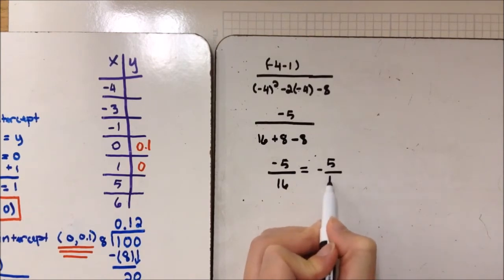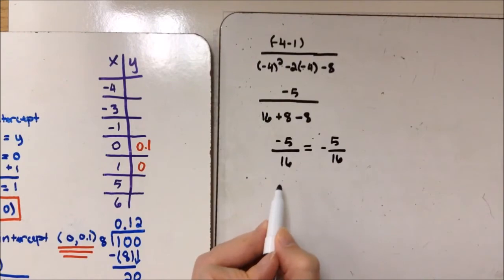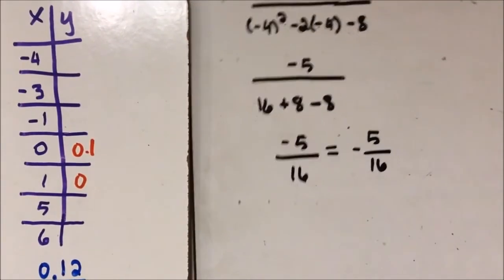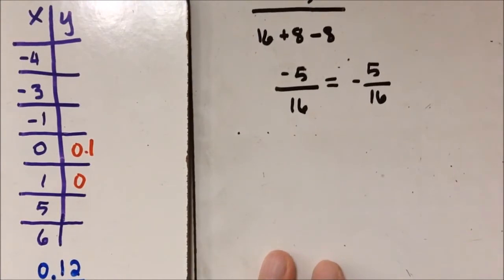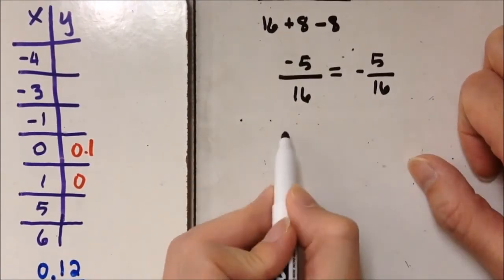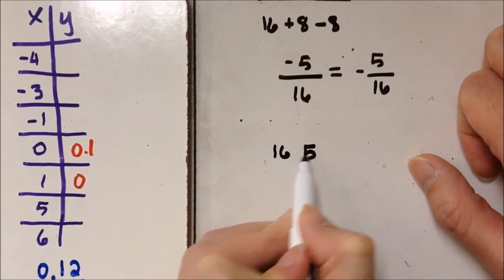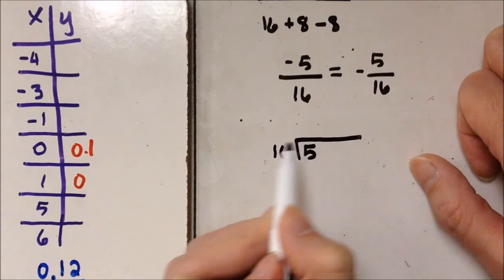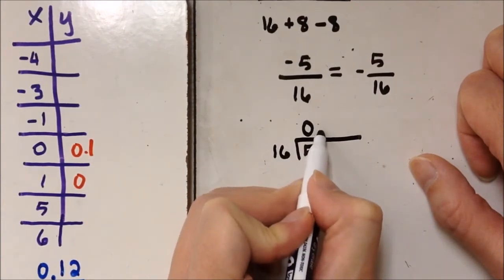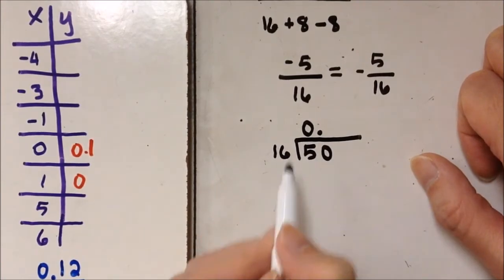To convert this into decimals, we're going to do division. It's negative, so we know that the answer is going to be negative, so we just convert it into a decimal. So 16 dividing 5. We know 16 can't go into 5, so we put a 0 and then a decimal, and then I'll put a 0 next to the 5, making it 50.